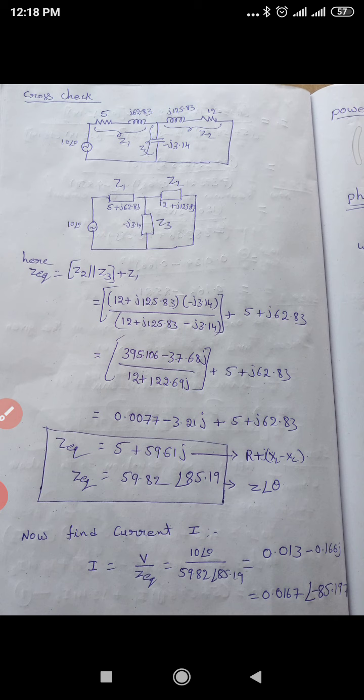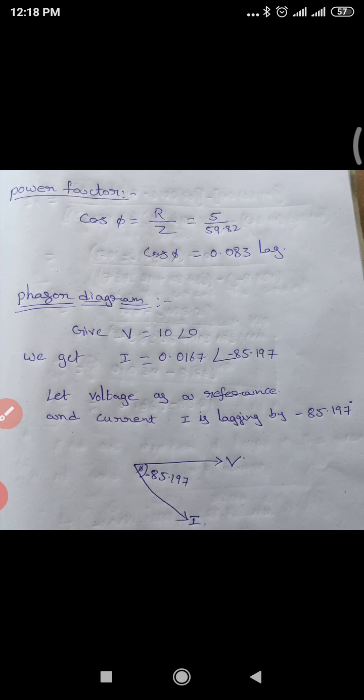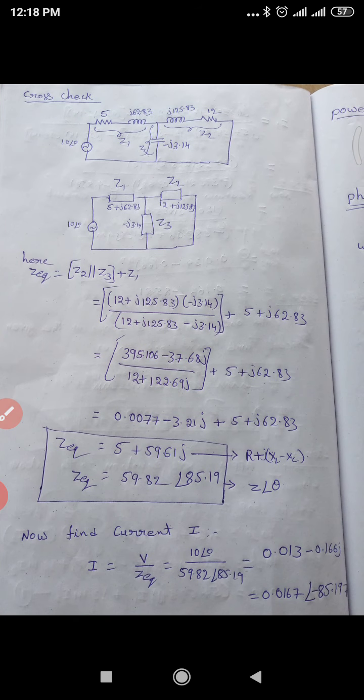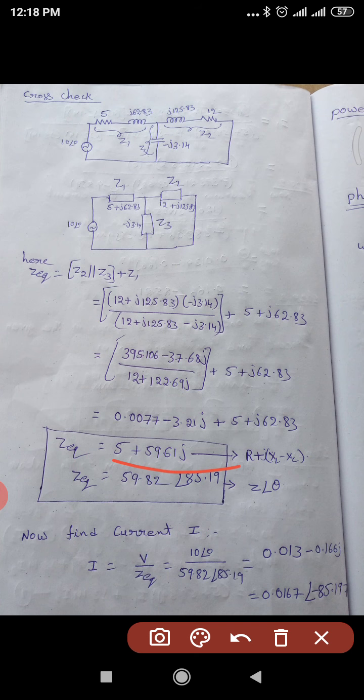Next, let us see how the power factor cos phi is equal to R by Z. If you observe this equation, 5 plus j59.61, here this 5 is called the resistance, and 59.61 is nothing but XL minus XC.